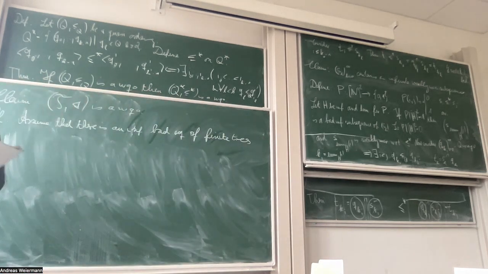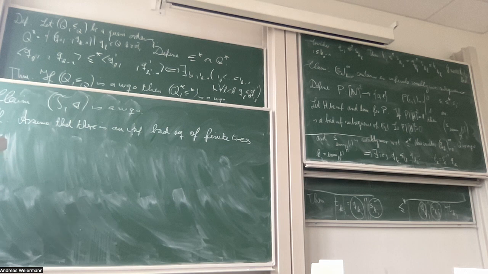Now we construct a minimal bad sequence. So what we do is now, among all bad sequences of finite trees, we choose one where the first entry has a finite tree of minimal possible number of nodes. We just, instead of the length function, we now use the cardinality of nodes function, right? Among all sequences which are bad, there exists one sequence where the number of nodes in the starting term is minimal.